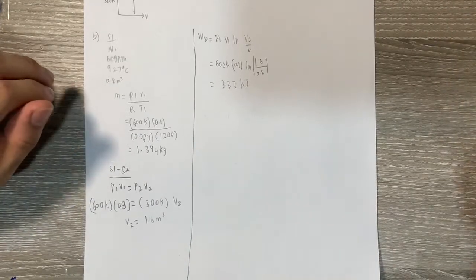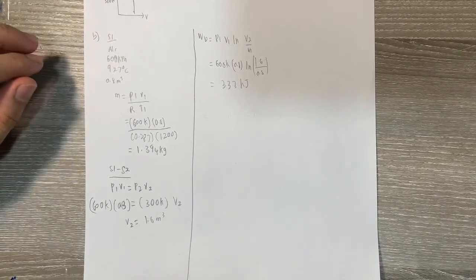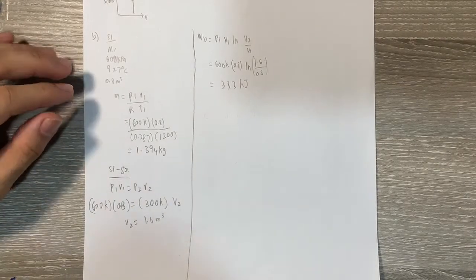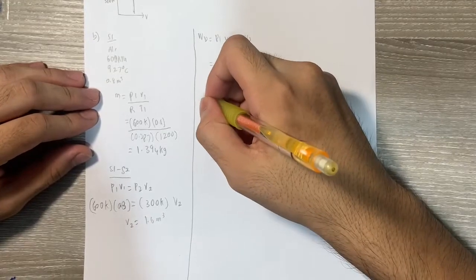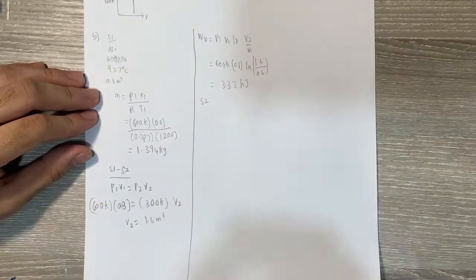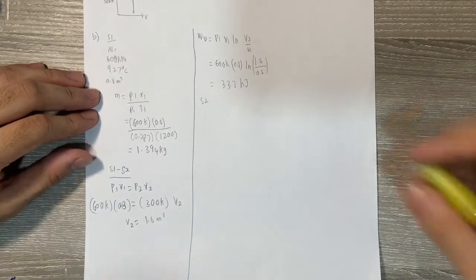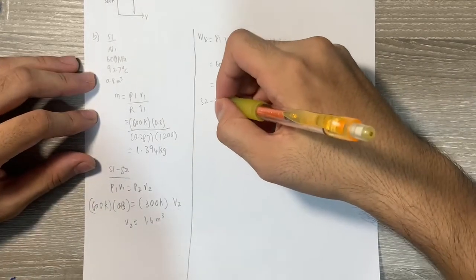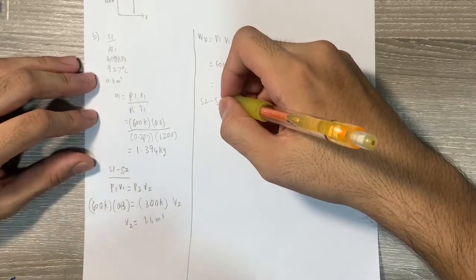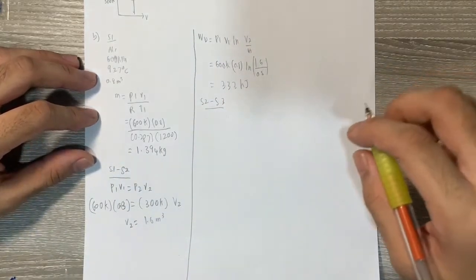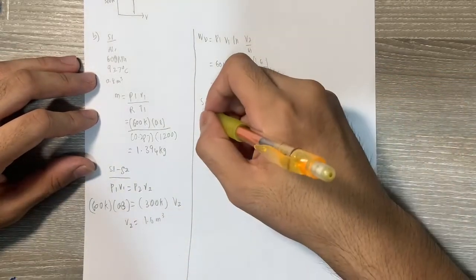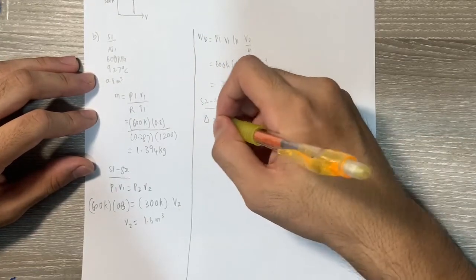Alright, after we get the boundary work for the isothermal process, we now need to find the internal energy from the second to the third state.